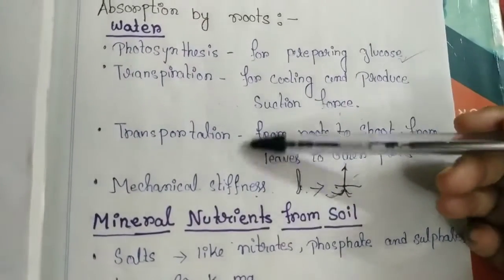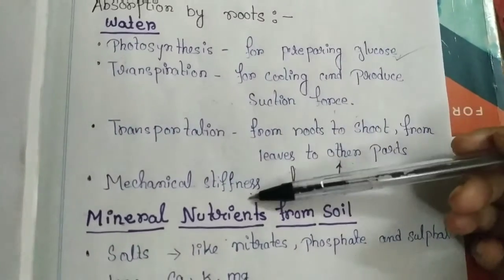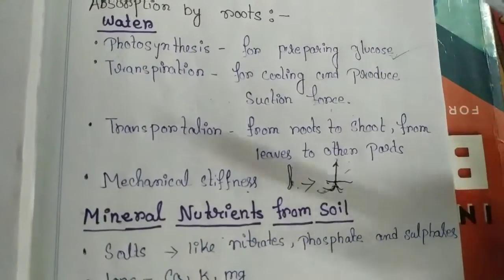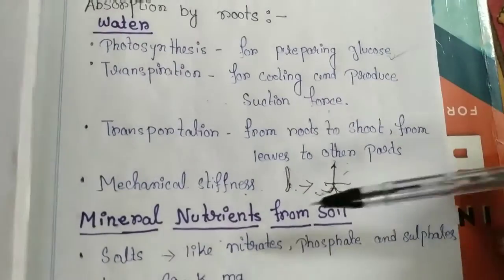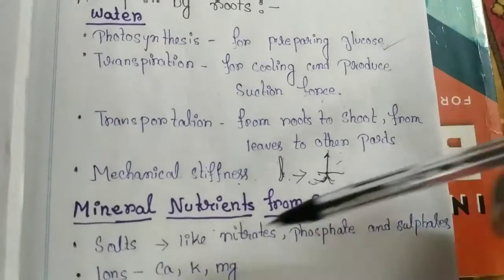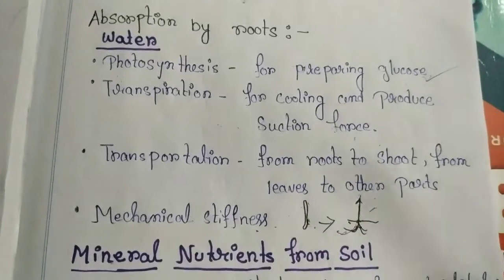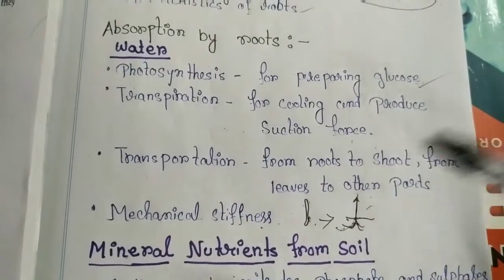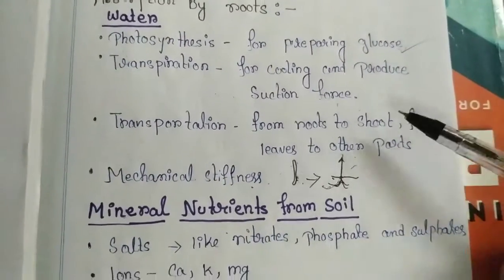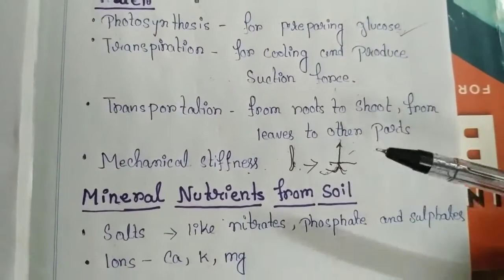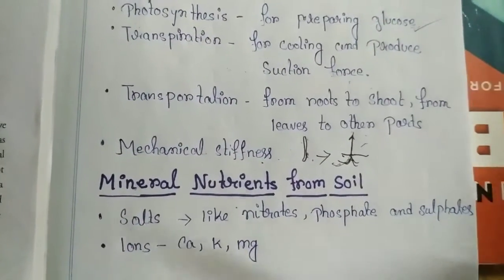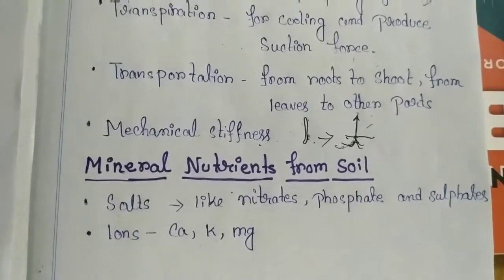These are the main points. Along with this, there are many other points. It helps in growth, in proper shape, and performs various functions for the plants. The same goes for minerals and nutrients also.